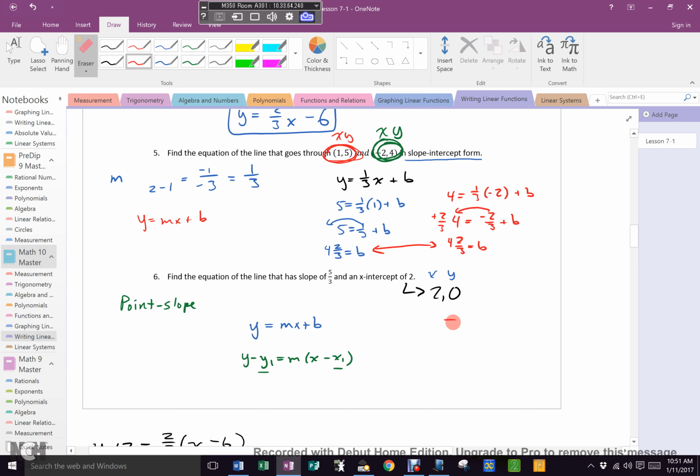Oh, I should do that in blue, right? Because I used that same color. So now what goes in for y and x?